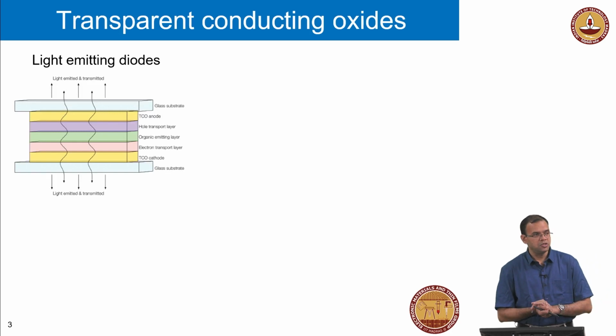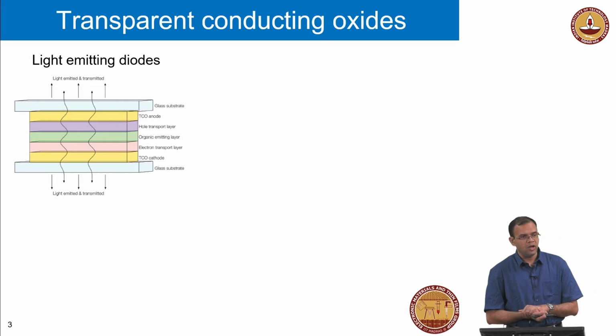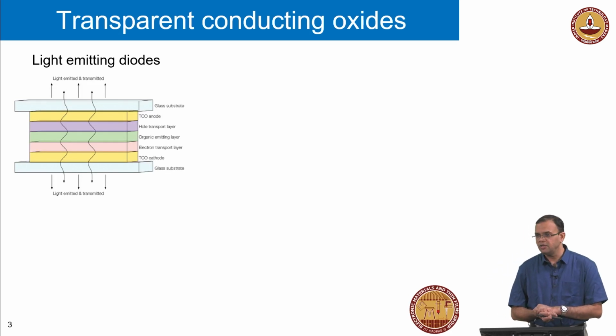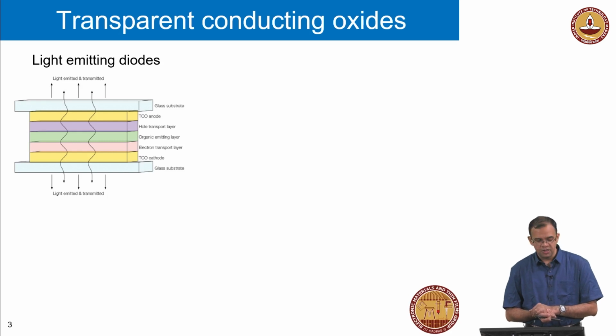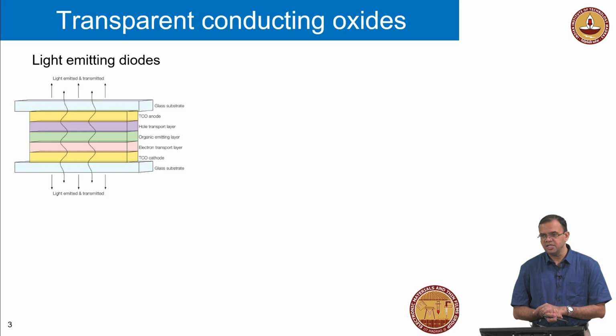Where would I use these TCOs, or where would I use transparent materials? There are two applications that people normally look at. Both are essentially optoelectronic devices, so devices which combine electrical properties with optical properties. The first, of course, is a light emitting diode, LEDs. People also work on organic light emitting diodes, so OLEDs.